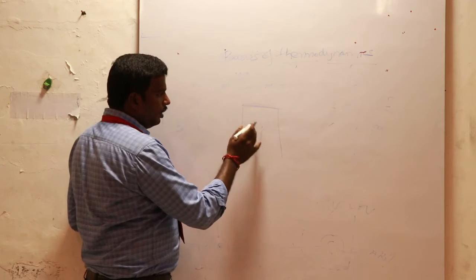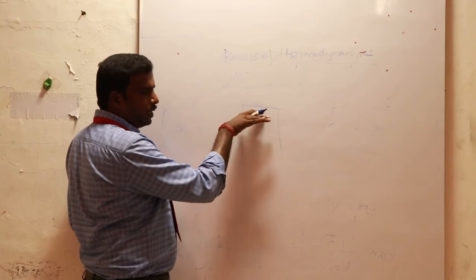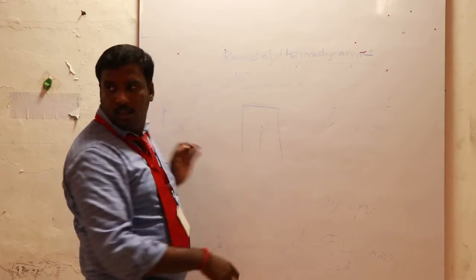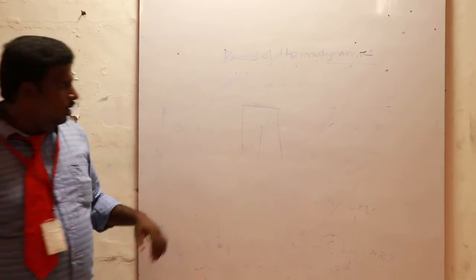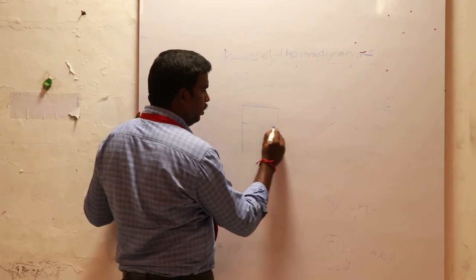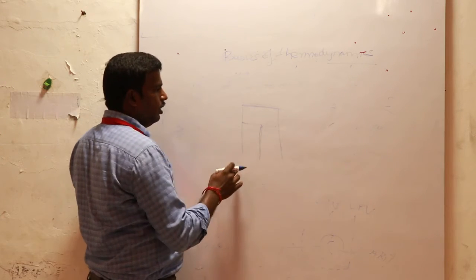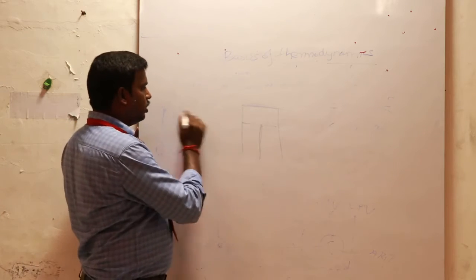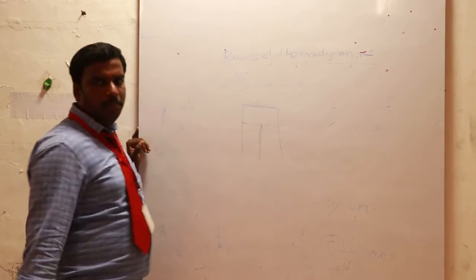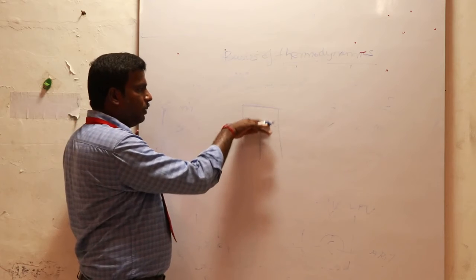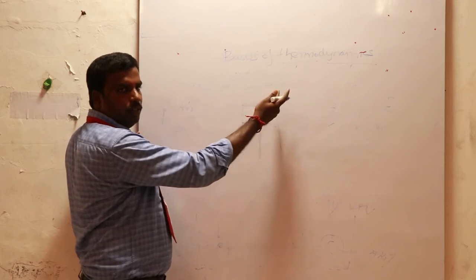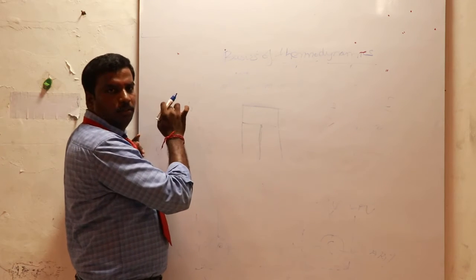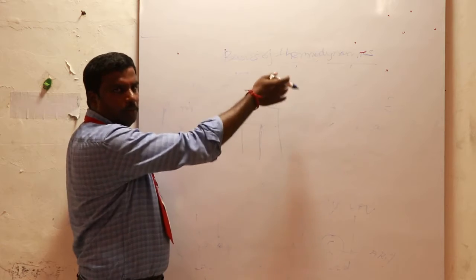Here, if we compress this gas or expand this gas, what is going to happen? There is a gas of mass m. If you compress the gas, there is no mass transfer because this is a fixed vessel. So there is no mass transfer.